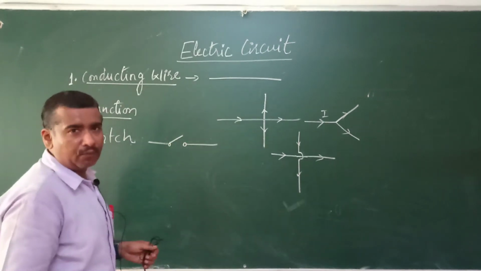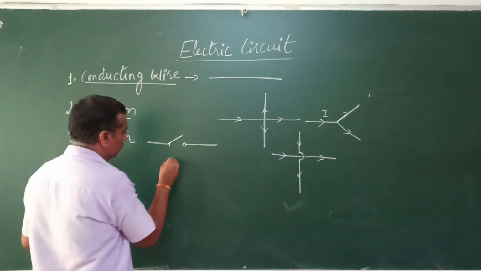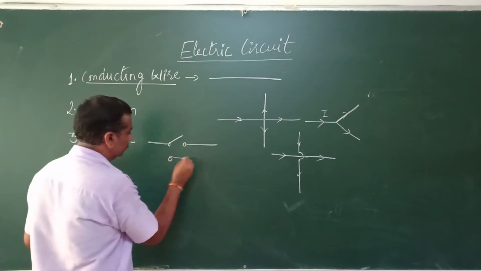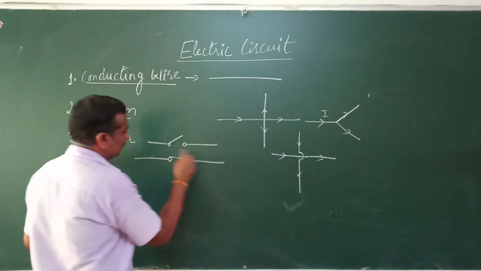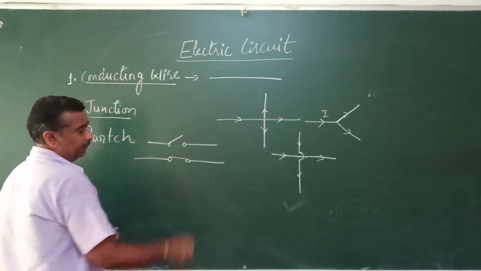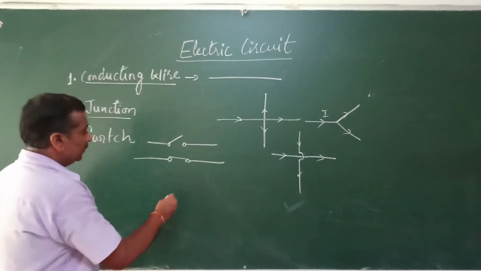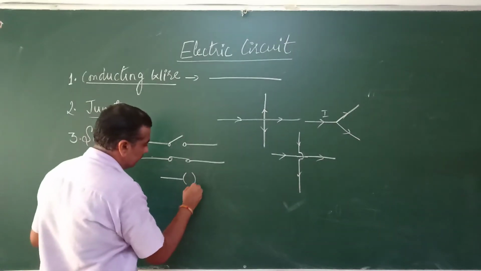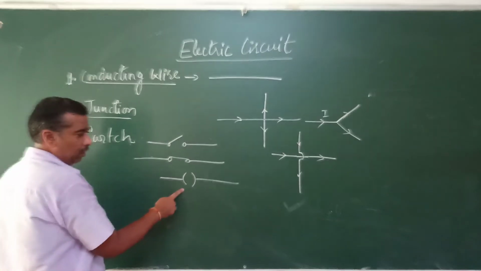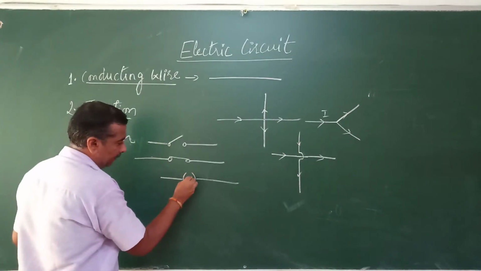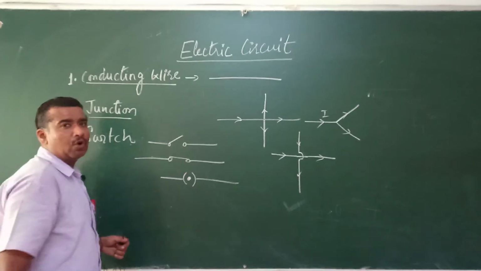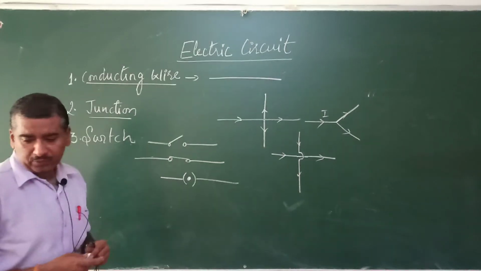So this is switch off, right? What is switch on? Now this switch is on because there is continuity between these two ends. So this is switch. Switches can also be like this. Now this is switch off, and if we place a dot here, then this is switch on, right? So this is about switch.